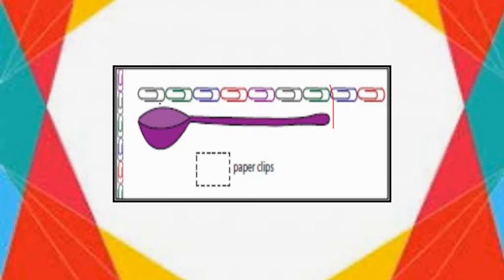Now count the paper clips. 1, 2, 3, 4, 5, 6 and 7. We can say that this spoon is as long as 7 paper clips. Understand?